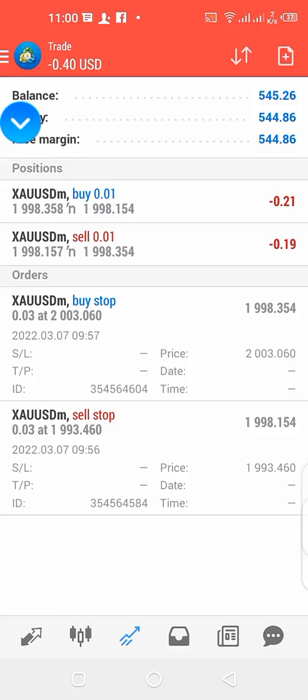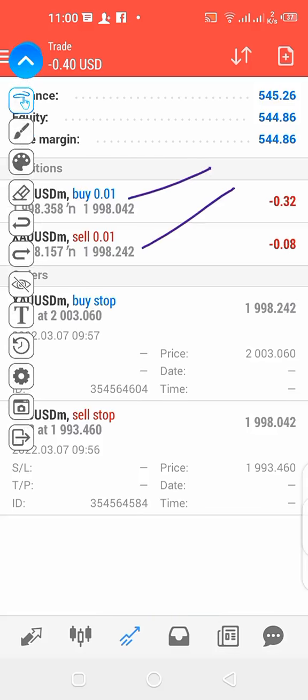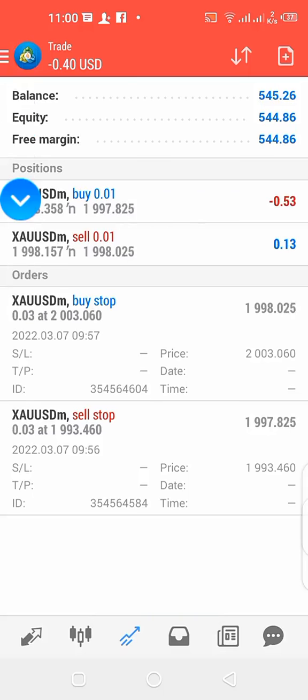At the psychological level, you place two trades at the same time, the buy and sell trade almost at the same time. If we look at the mark, it is at 1998.358 for my buy trade, and 1998.157 for my sell trade.